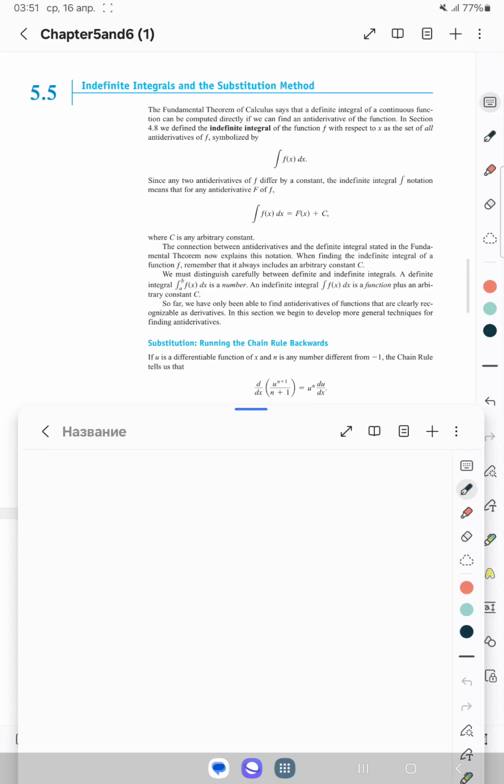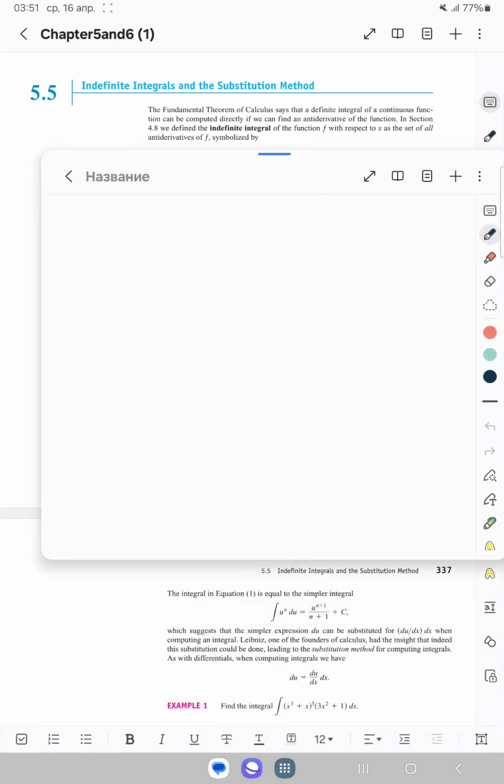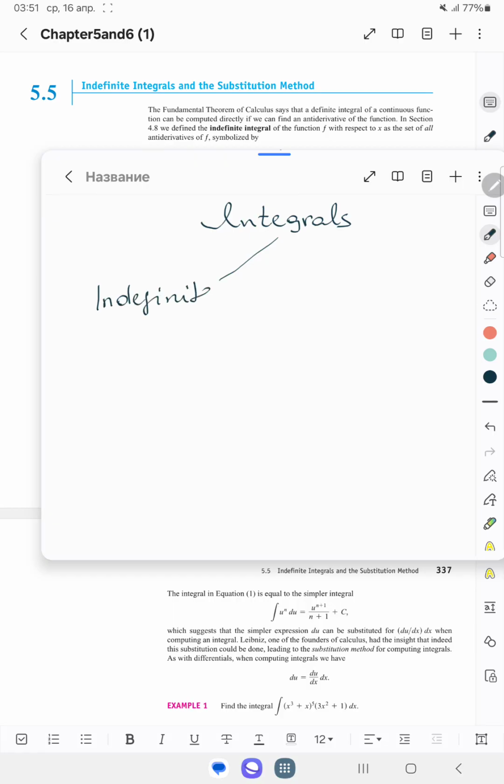Indefinite integral, in general, we have two types of integrals. One indefinite, second definite.